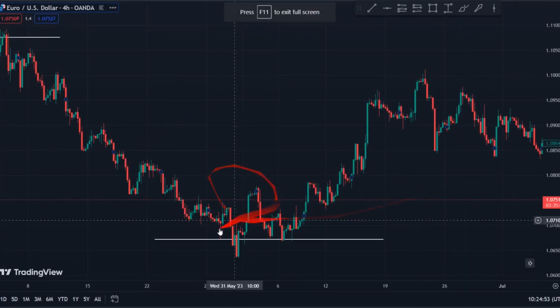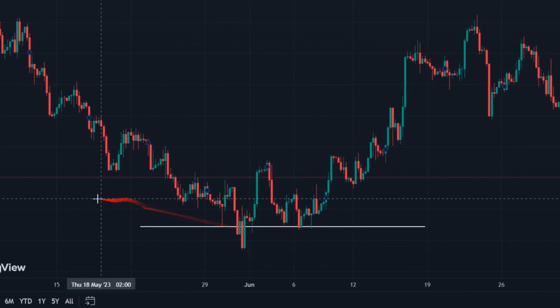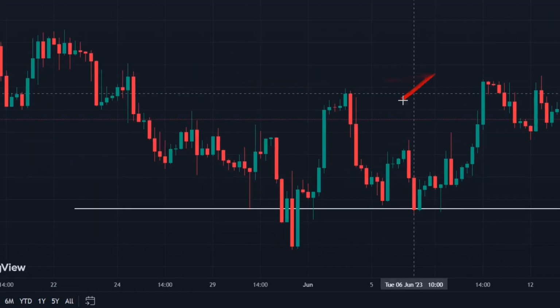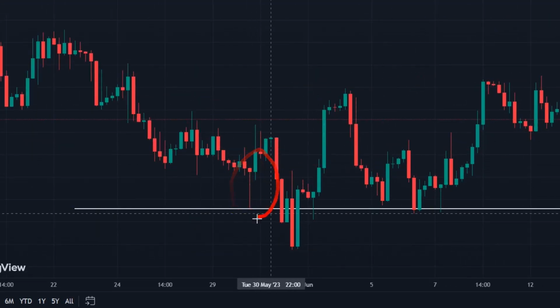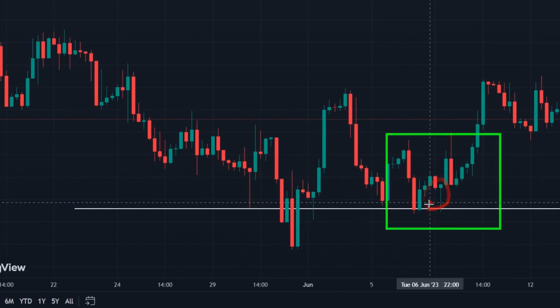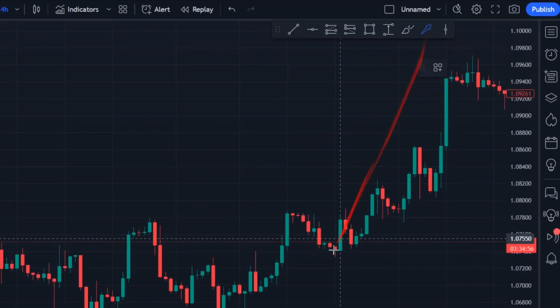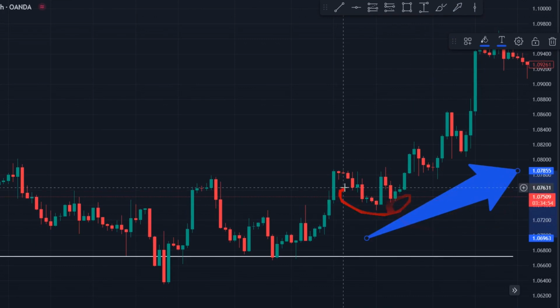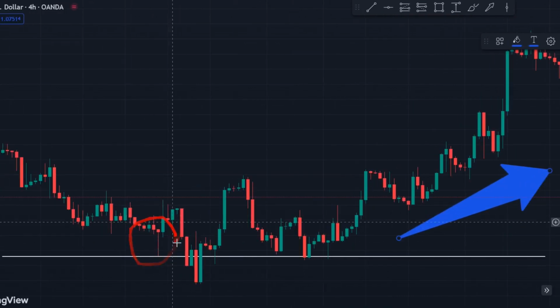Regardless of their formation, this pattern can help us a lot, especially in places where candles encounter support or resistance levels or trend lines. After such encounters, this pattern can be very helpful in determining the next trend.